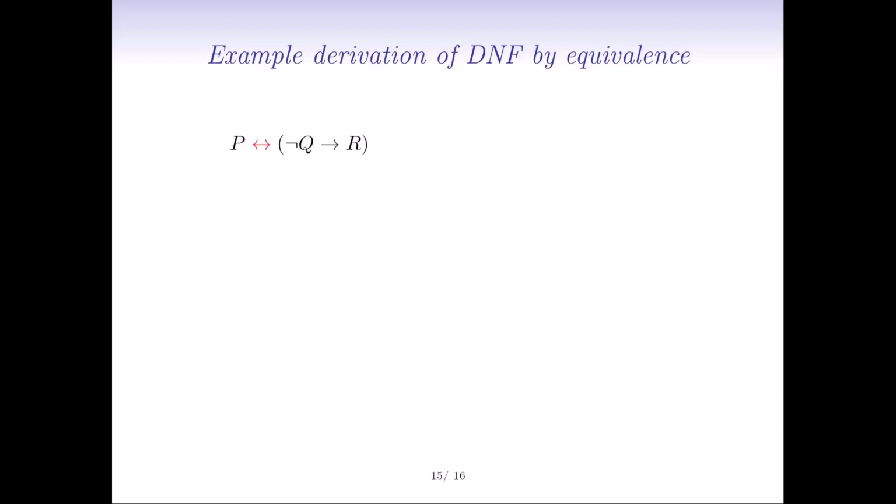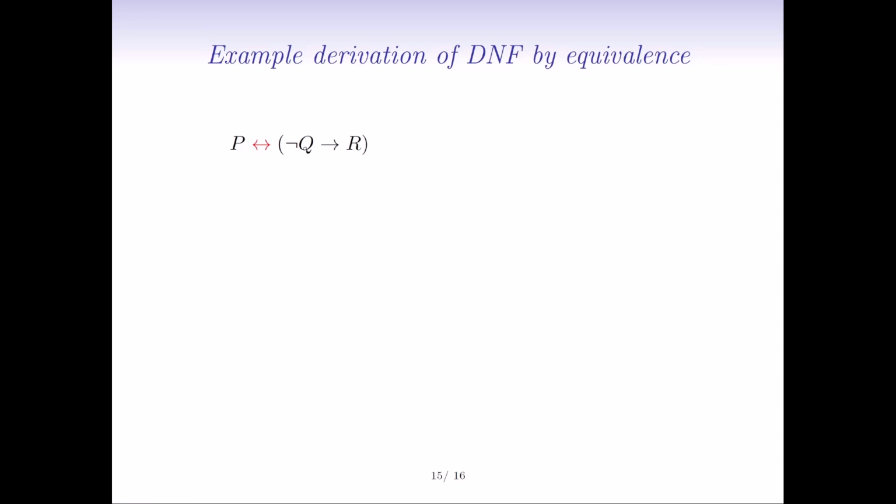All right, so now let's see an example of how to construct the DNF of a propositional formula by using these equivalences. Here I've taken exactly the same formula that I had on the slide before last, where we constructed the DNF by truth table. Let's see how we can get to the DNF of this formula by using equivalences.